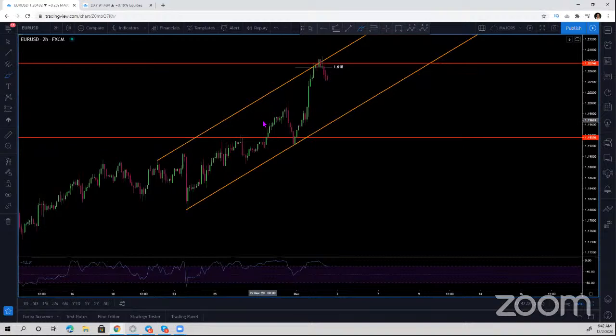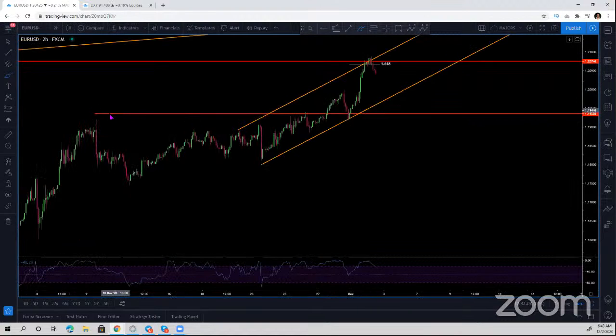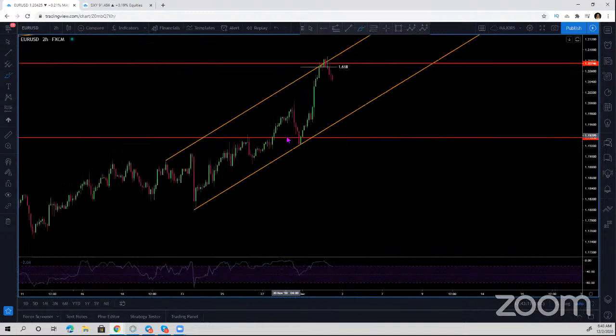Now, I don't think that this move is going to be the beginning of a bear market, right? I do believe that this could be a deep pullback to the previous broken level around the 119.40.